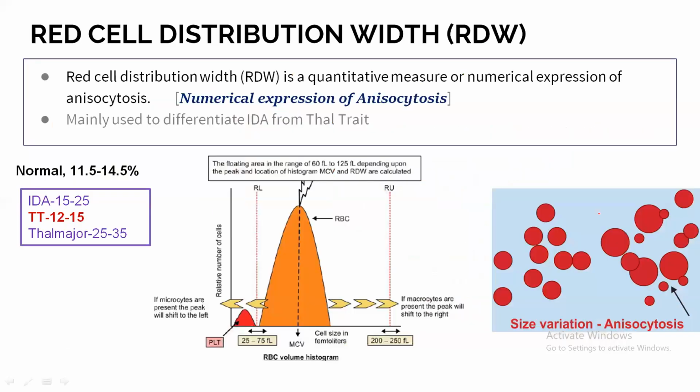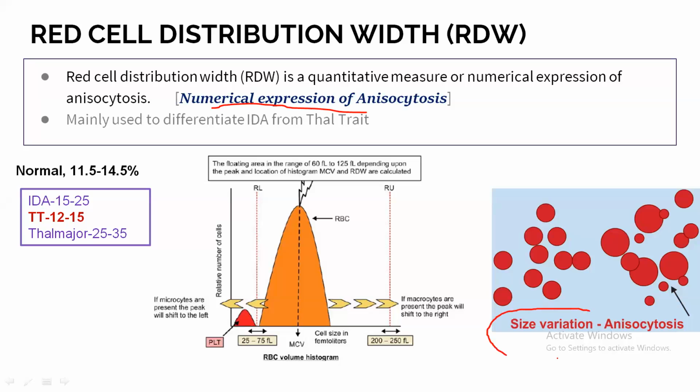The next important thing is the RDW. What is RDW? RDW is nothing but the various sizes and various shapes of the RBCs. They will be thrown into the peripheral blood from the bone marrow if there is any insult to the bone marrow. In simple terminology, it is a numerical expression of anisocytosis. What is the meaning of anisocytosis?